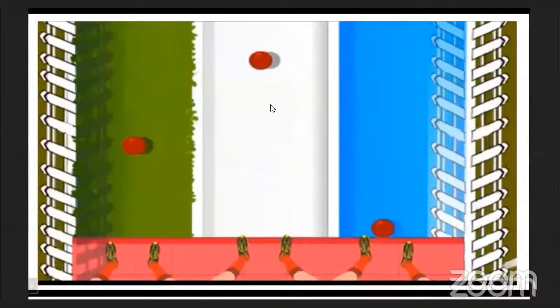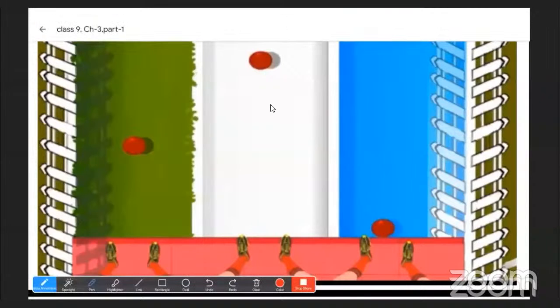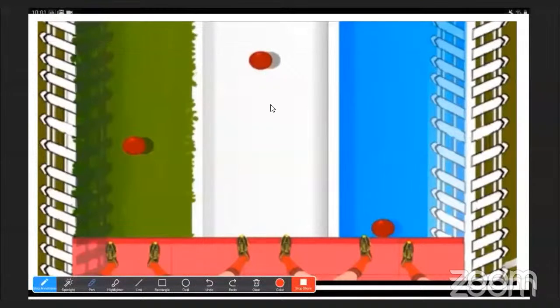So the ball moves a greater distance on surface 2 as compared to surface 1.